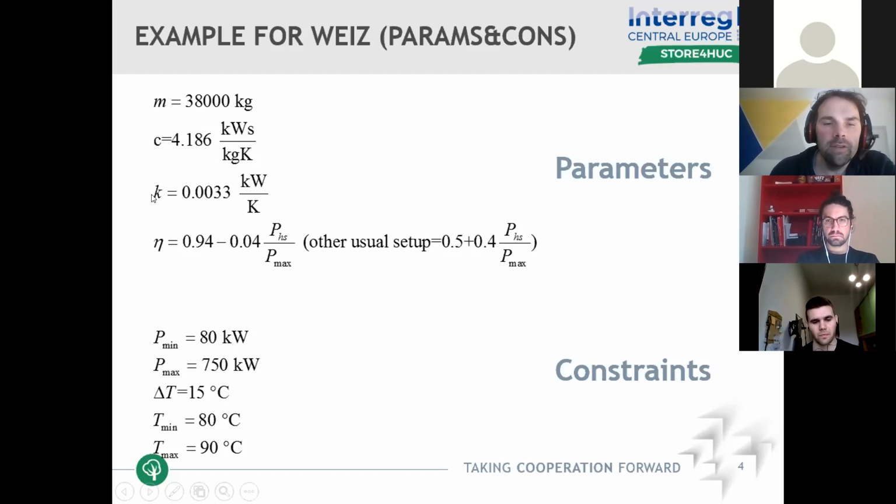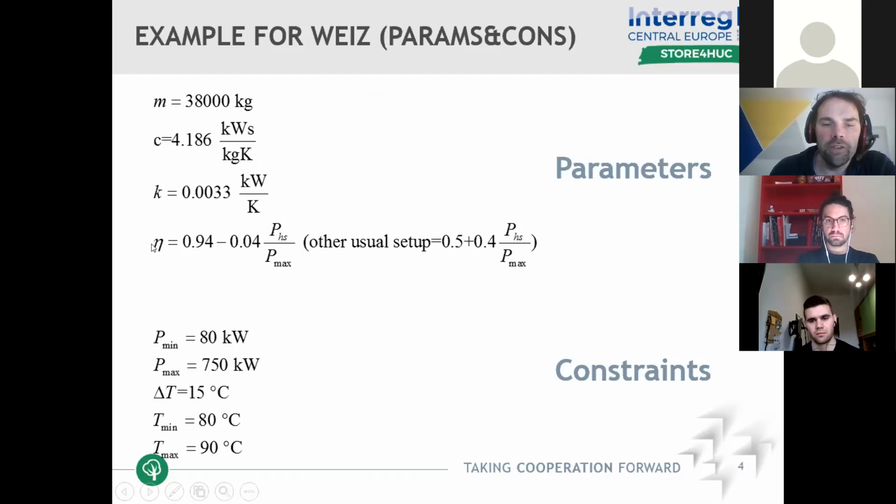Then this is the constant for losses of the storage. For Whites, we have it as 3.3 watts per Kelvin, or having everything entered in kilowatts, this is 0.0033 kilowatts per Kelvin.